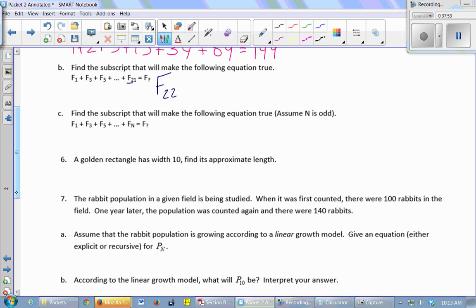All right, and so let's generalize it. If the last number I put in my list of numbers that I'm adding is the nth Fibonacci number, what's it going to add up to? The n plus first Fibonacci number, the next Fibonacci number in the list.